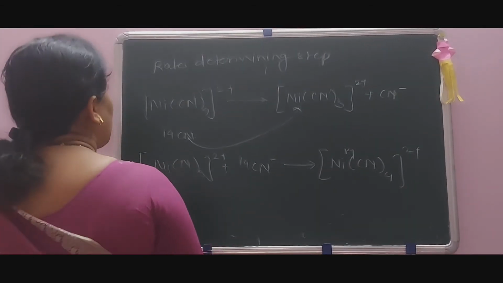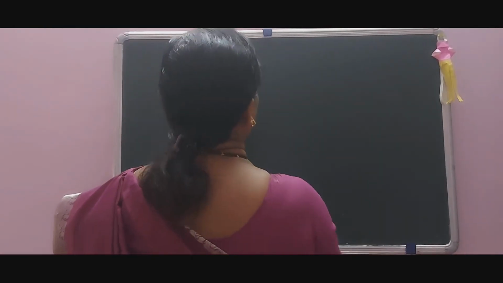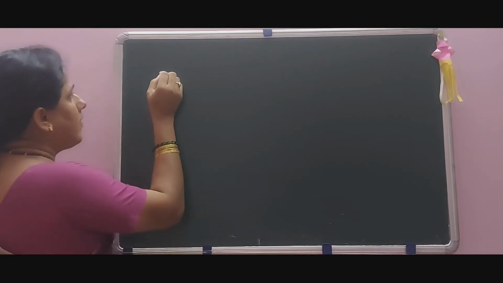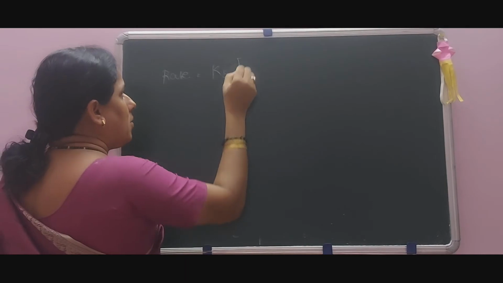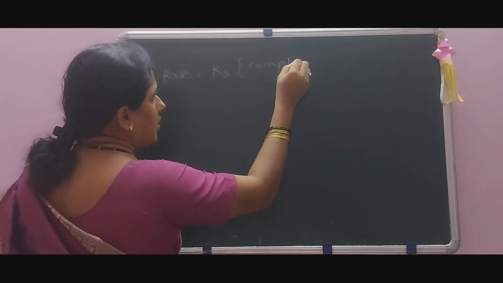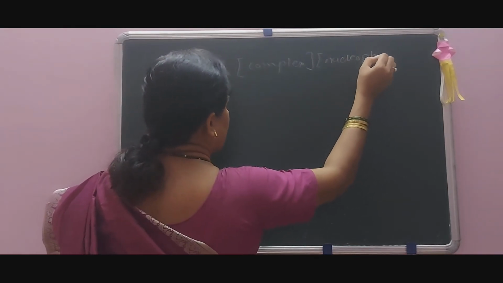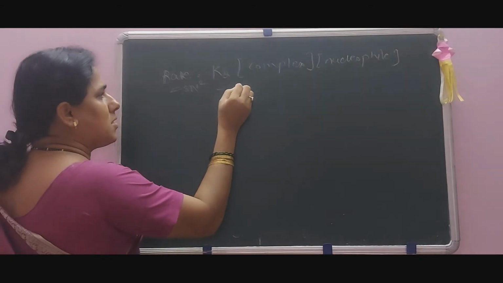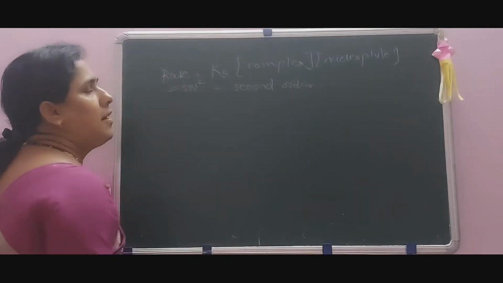The rate is equal to K2 into the complex into the nucleophile. This is the SN2, which is of second order.